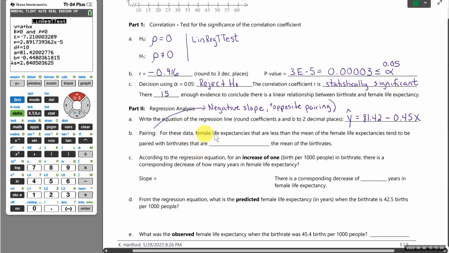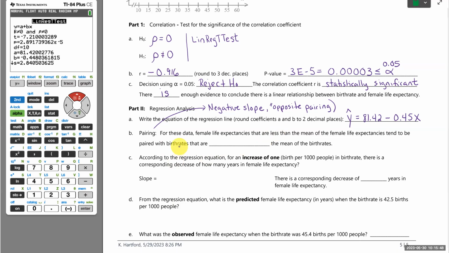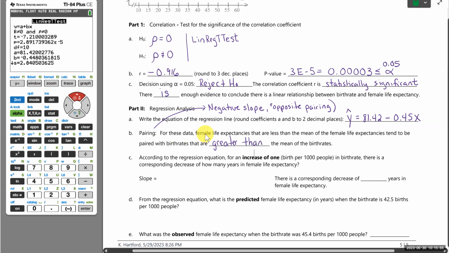So for female life expectancies that are less than the mean, I would see tending pairing of birth rates that are the opposite, so not less, but greater. All right, so female life expectancies that are lower than average tend to be paired with countries with higher than average birth rates.